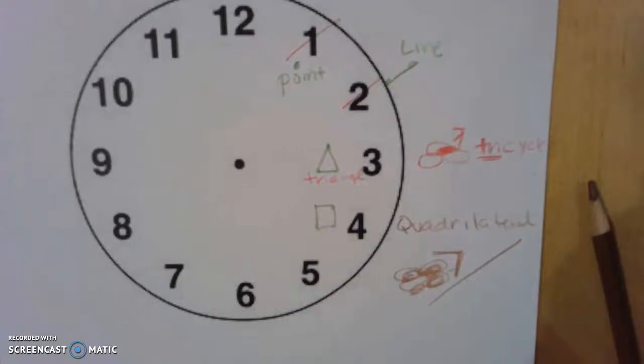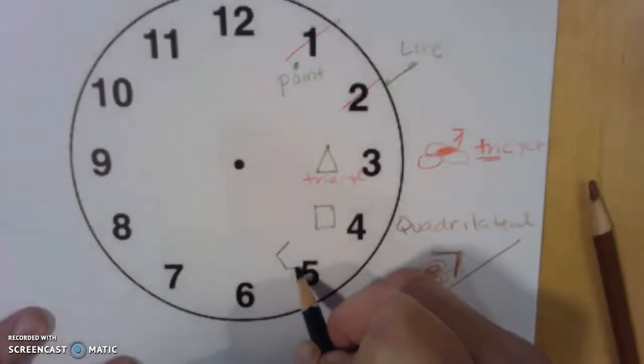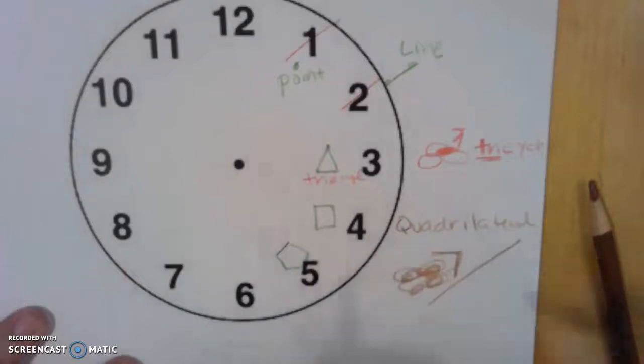A 5-sided figure is called a pentagon. And a pentagon is like, imagine a little pig. I'll get a little bit better drawing here.